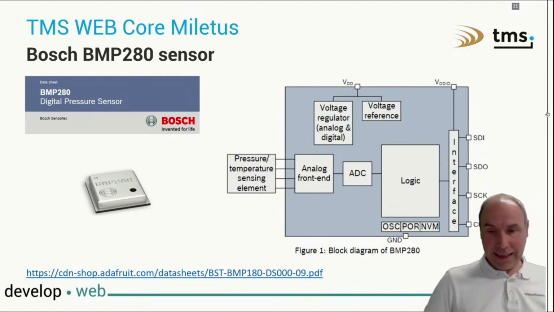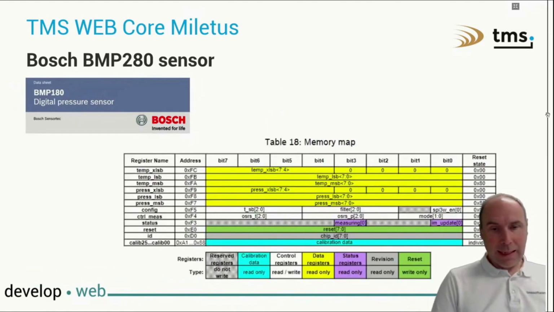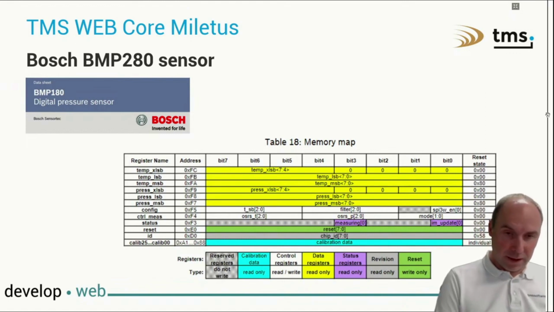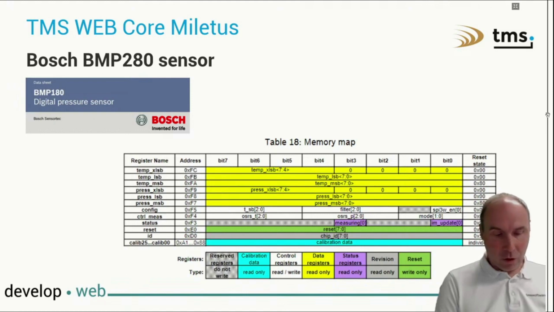So it has an SPI interface. It therefore uses the SPI pins, SDI, SDO, the clock pin, and then also the common ground pin, the CSB pin. And this is the map of registers that this sensor offers, and it is through reading these register values that you will be able to retrieve the temperature, the humidity, and also the air pressure.